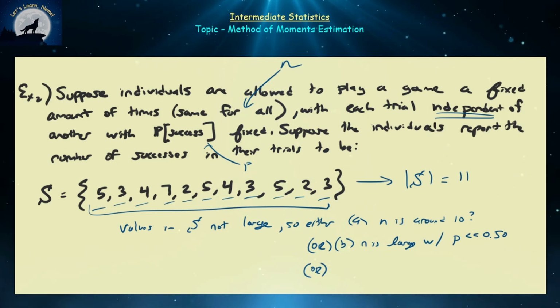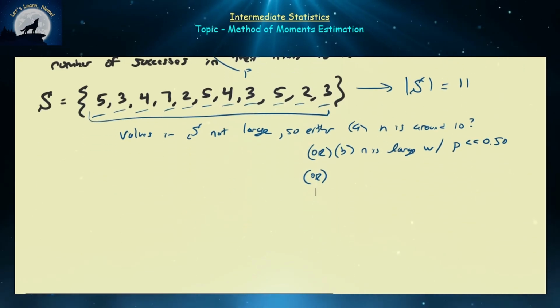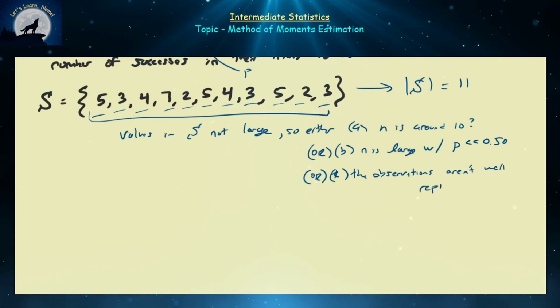Or, and keep in mind, this is a sample, so it has all the issues that samples could have, C, the observations are not well representative.